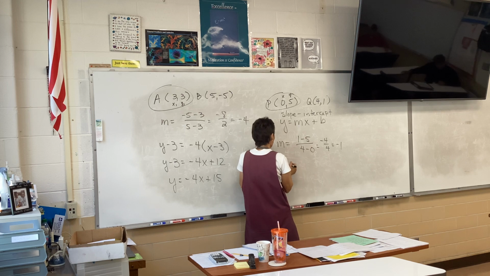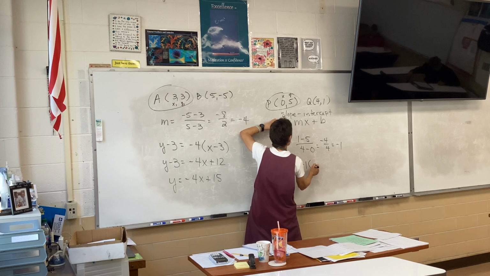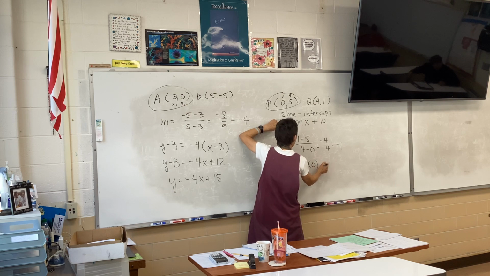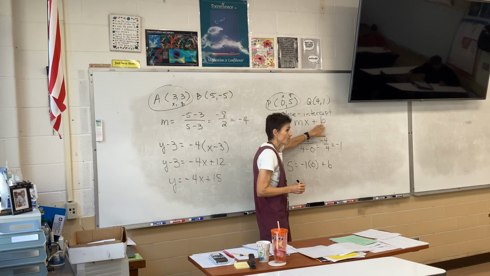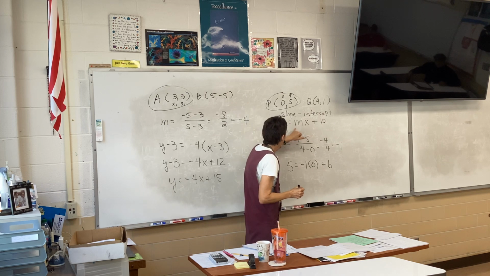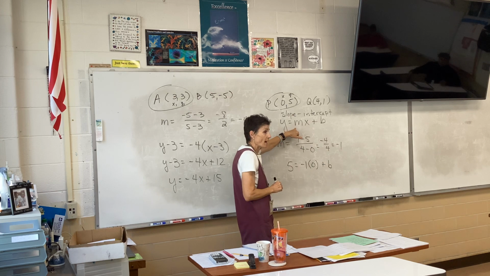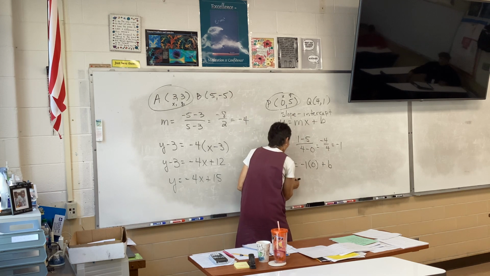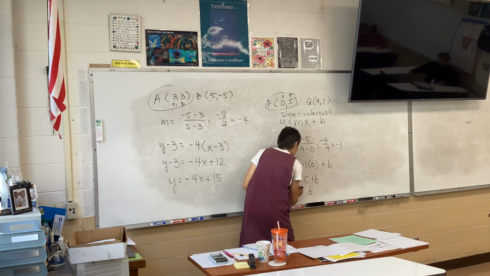So that would look like 5 equals -1 times 0 plus B. Now, there's nothing to plug in for B. Your X and Y come from your point. M is your slope, which you've already figured out. Now you're gonna solve this, and I got B equal to 5.